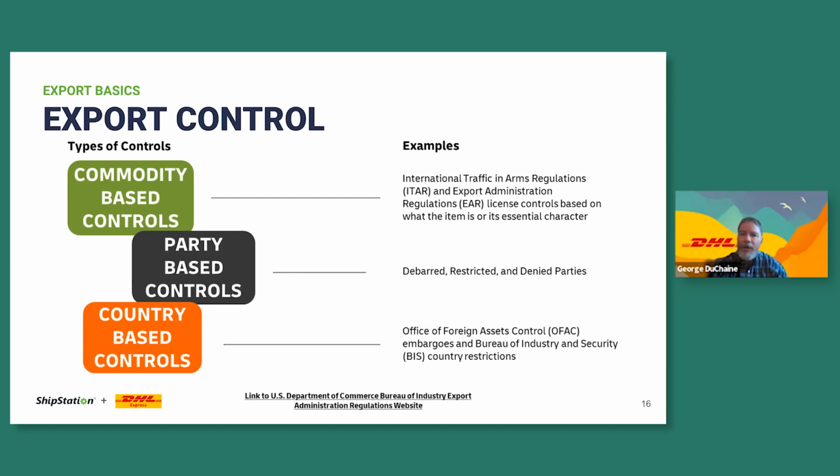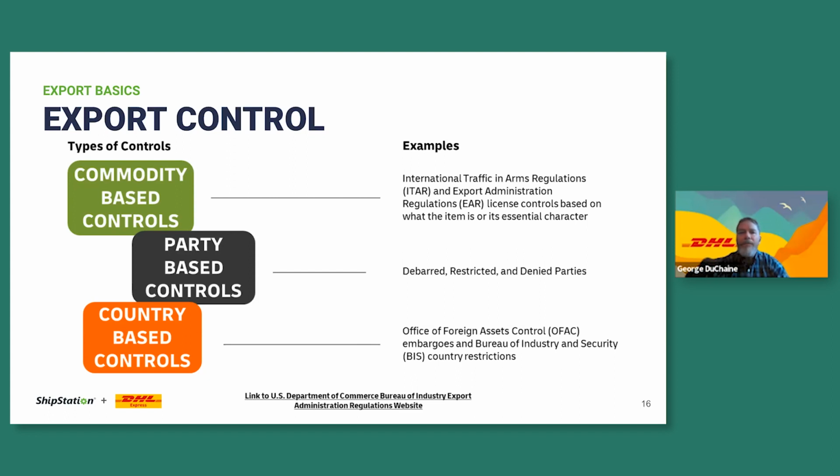So if it's a debarred party, that's somebody who doesn't have the authority to export items that would be controlled by the International Traffic in Arms Regulations. So even though they're a debarred party, if you're sending them tables and chairs or low-level controlled items, they can still receive them.